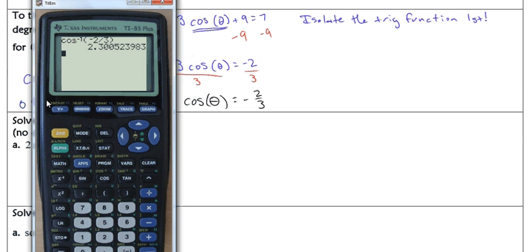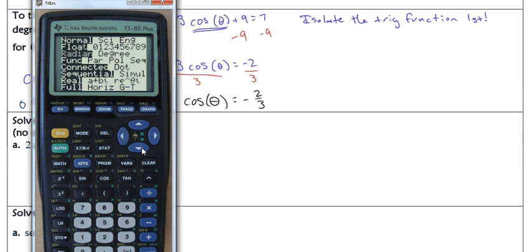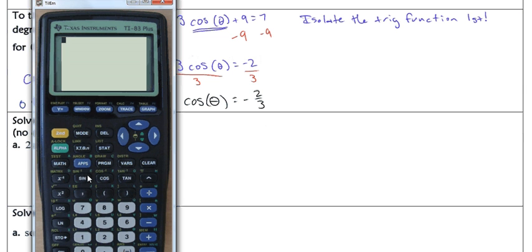Oh, we're supposed to be in degrees, my bad. Let me switch my mode. All right, let's try that one more time now. So inverse cosine of negative 2/3.